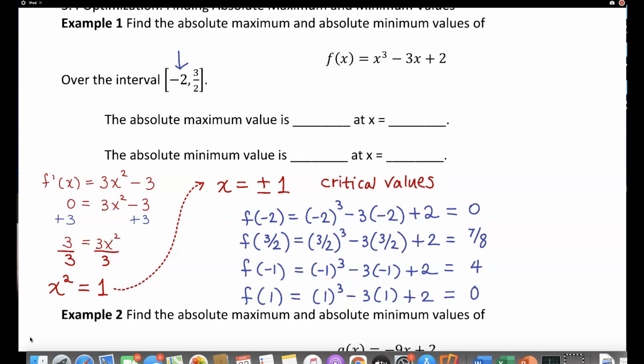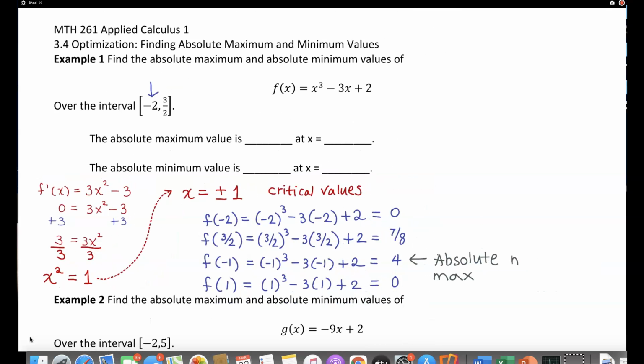But alrighty, so how do we tell which one is the absolute maximum? You really find the biggest number. This is the biggest number, so this must be an absolute maximum because that is the greatest value. 4 is the biggest number out of all these numbers that we listed. Now, I can see the smallest number is 0.